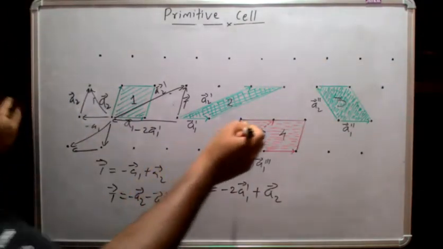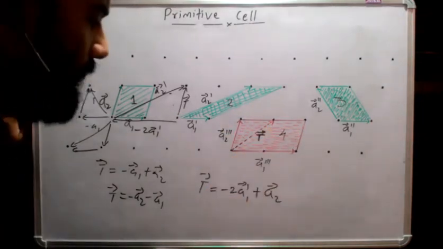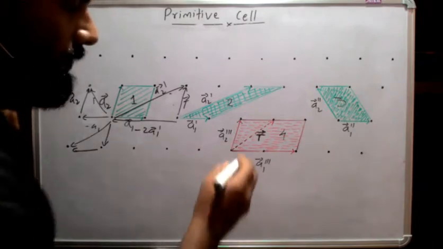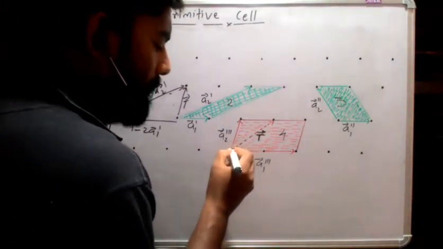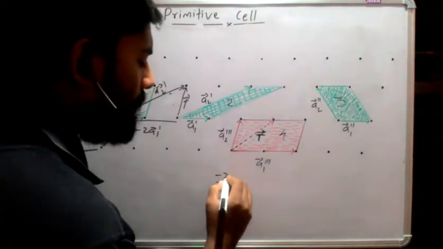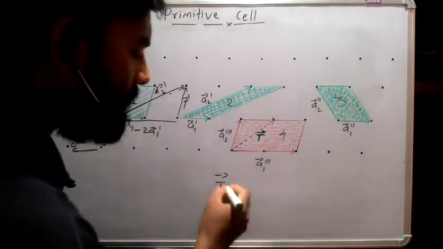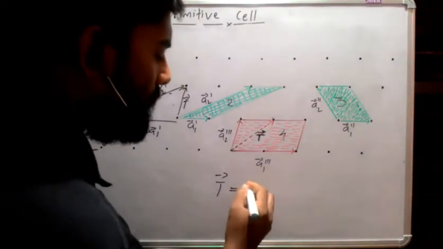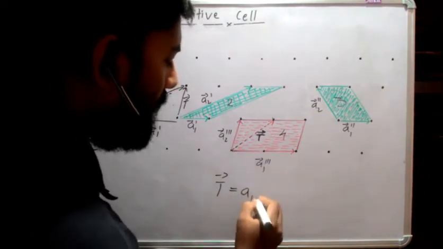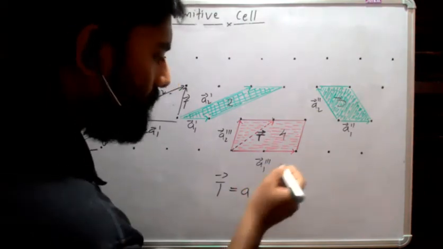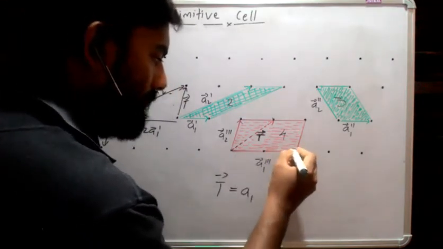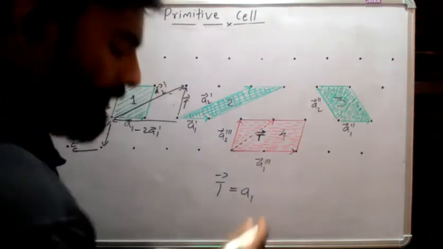In the fourth figure, the fourth parallelogram, if I want to connect these two lattice points with the translation vector T, then I need to write T equal to A1 triple dash, sorry, this is A1 triple dash.